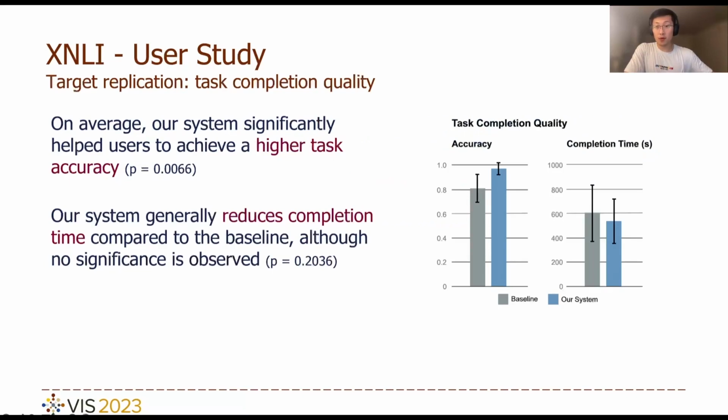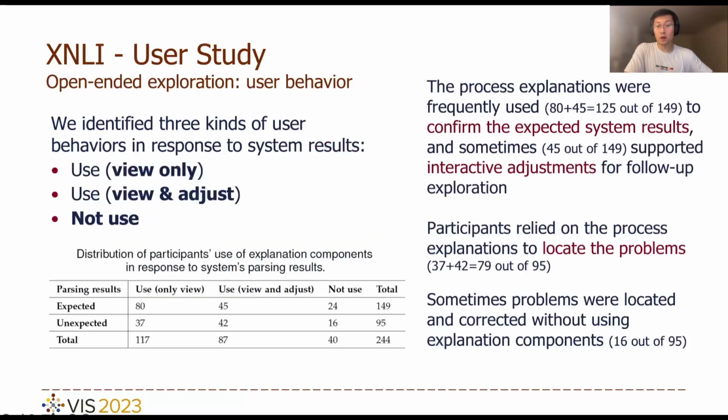For target replication, on average, our system significantly helped the users to achieve a higher task accuracy. And our system generally reduced completion time compared to the baseline, although no significance is observed. For open-ended exploration, we identified three kinds of user behaviors in response to system results, including view only, view and adjust, and no use.